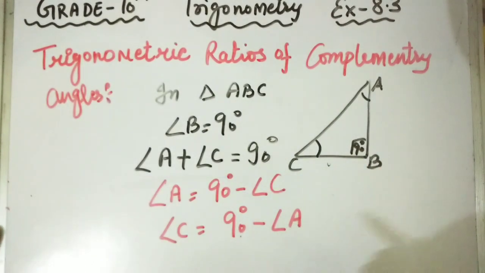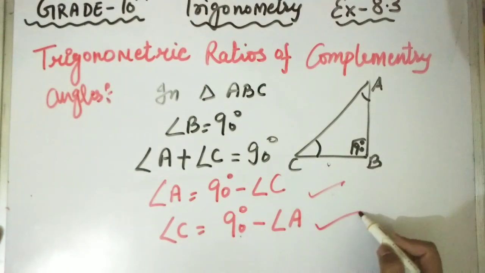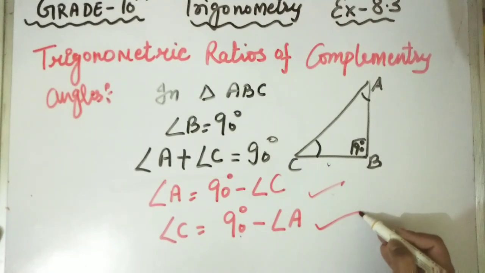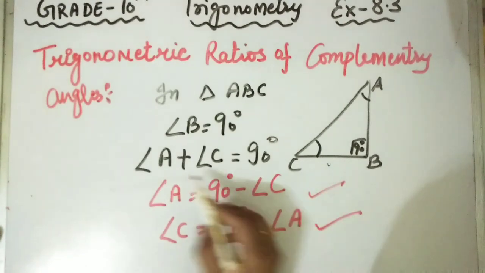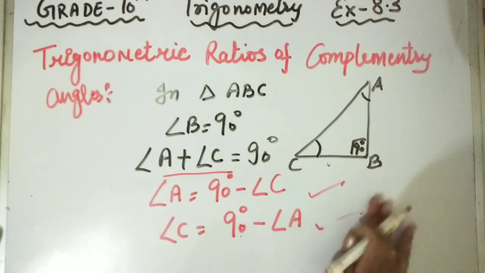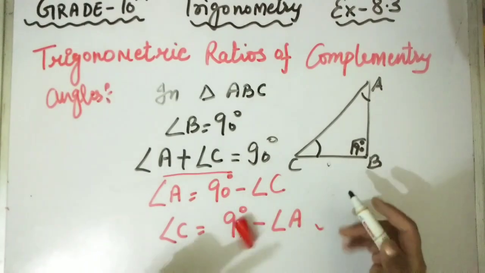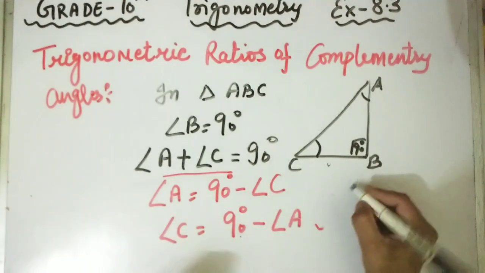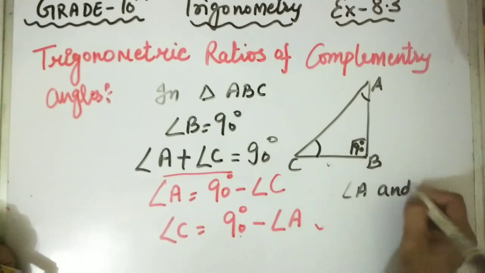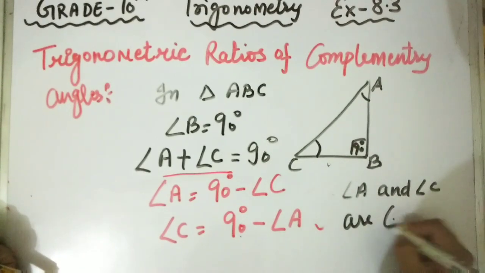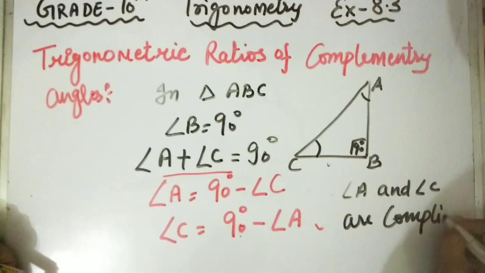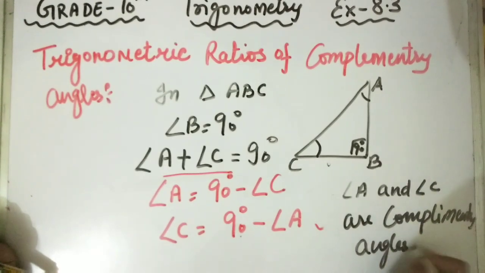If any one angle is known to you, whether it is angle A or angle C, you can easily find the other with the concept of complementary angles. So here I would like to say that angle A and angle C are complementary angles, right?